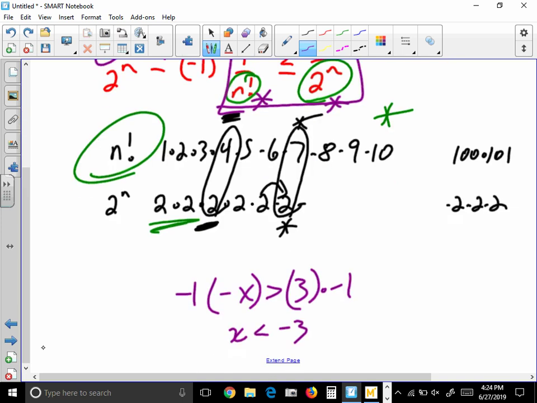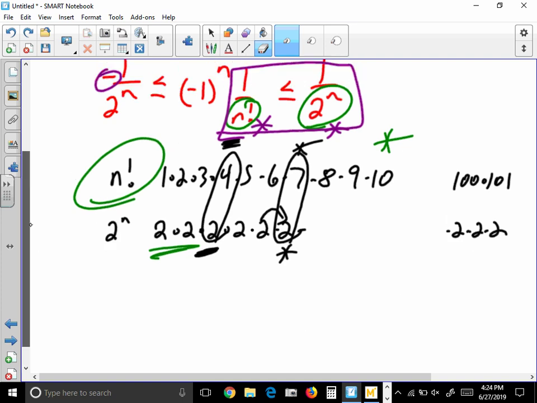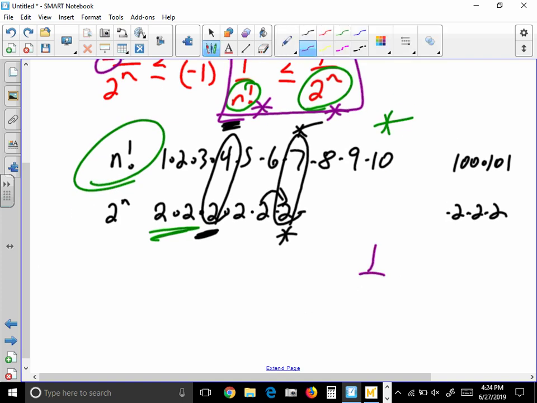But if we take it and multiply it, let me erase. That one was bigger than 1 over n factorial. If we multiply both of those by a negative, it flips the inequality symbol.